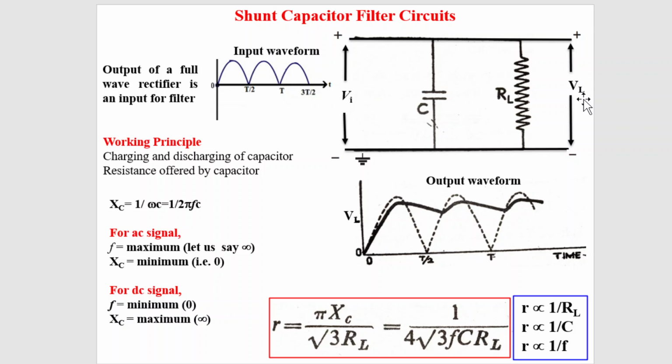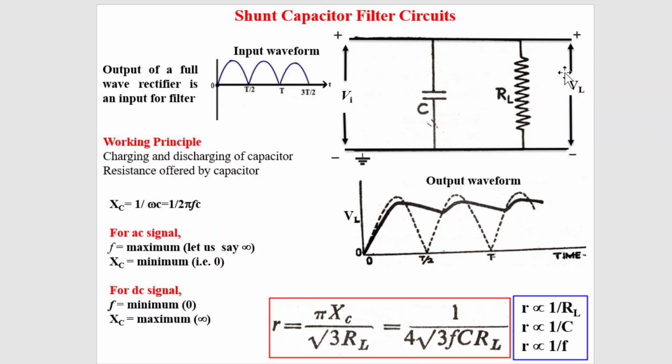So this ripple factor will be minimum when the load resistance is maximum. Similarly, the ripple factor will be minimum when the capacitance is maximum.